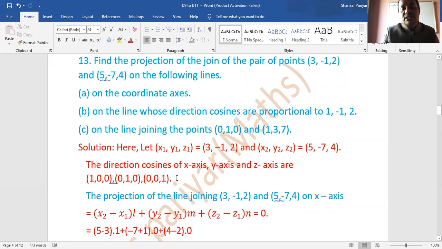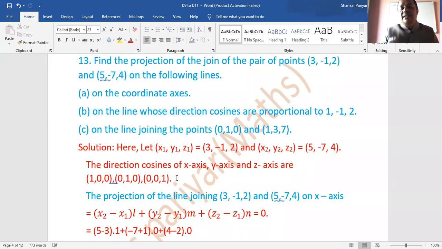This I already derived. Now you need to understand the directional cosines of the x-axis: cos 0, cos 90, cos 90. It means the x-axis makes an angle of 0 degrees with the x-axis, 90 degrees with the y-axis, and 90 degrees with the z-axis.